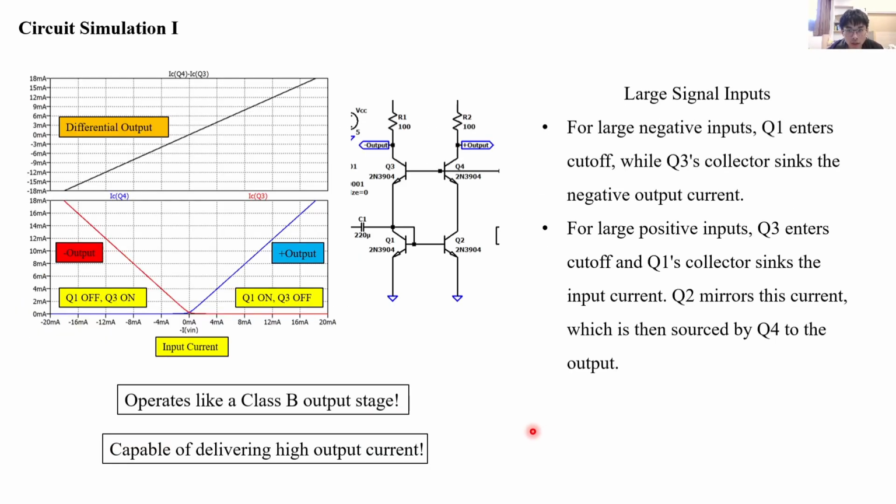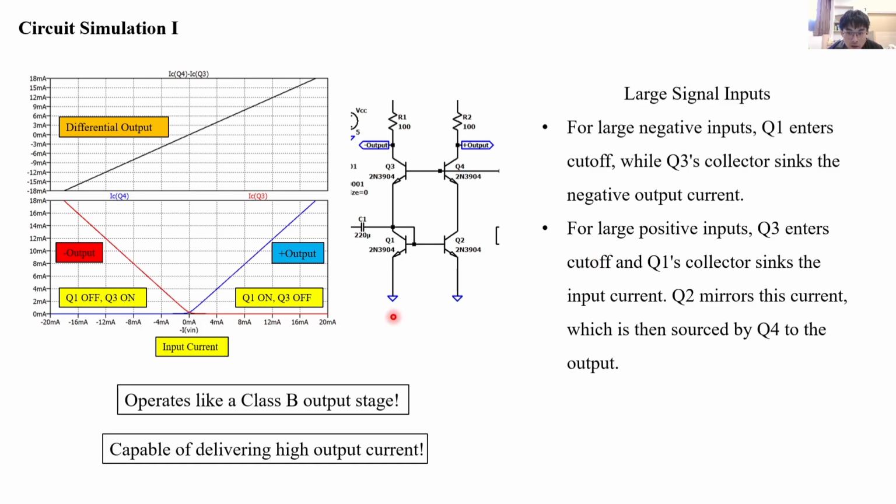And if the input is a large signal, for the large negative inputs, Q1 enters cutoff, while Q3's collector sinks the negative output current.